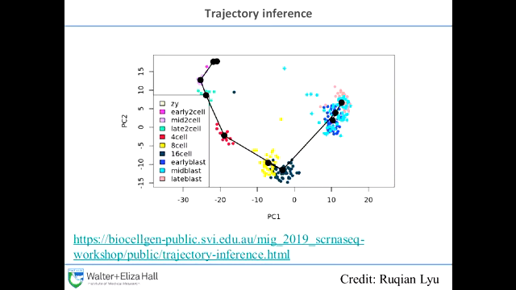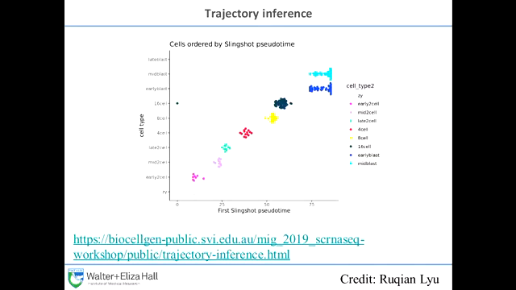And so Ruqian, again from my group, has put together some really nice material on this, so check that out in our workshop materials. In this case, we've applied a method called Slingshot, which again generally works quite well. What it does is generate a quote-unquote pseudotime value for each cell, which tries to find that continuous trajectory from the first cell state to the end cell state.